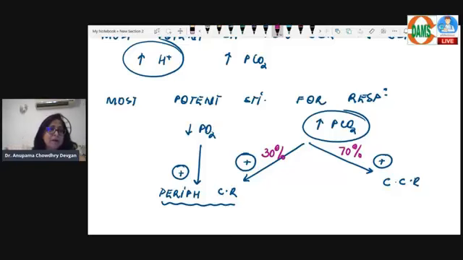Hypoxia stimulates only the peripheral chemoreceptors. Increase in PCO2 will stimulate both, but the larger action is on central chemoreceptors, right?